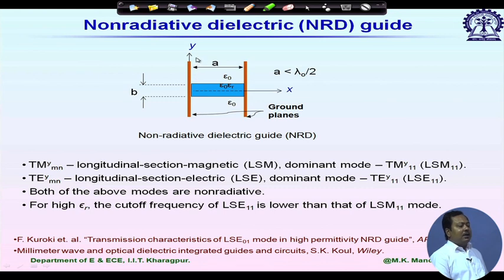Just like surface waves, we have again TM mode and TE mode. Again we are having an air dielectric boundary, so we have hybrid modes, but we will be using a simplified model considering only the dominant field components, and we have three dominant field components just like the image guide and insular image guide.